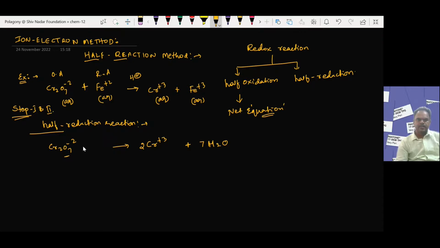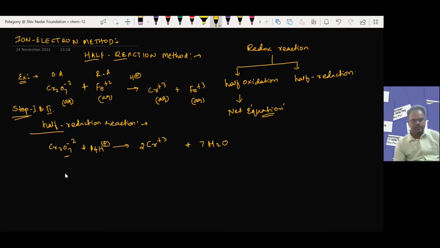Since this reaction is carried out in acidic medium, we bring 14 H+ ions to the left side.